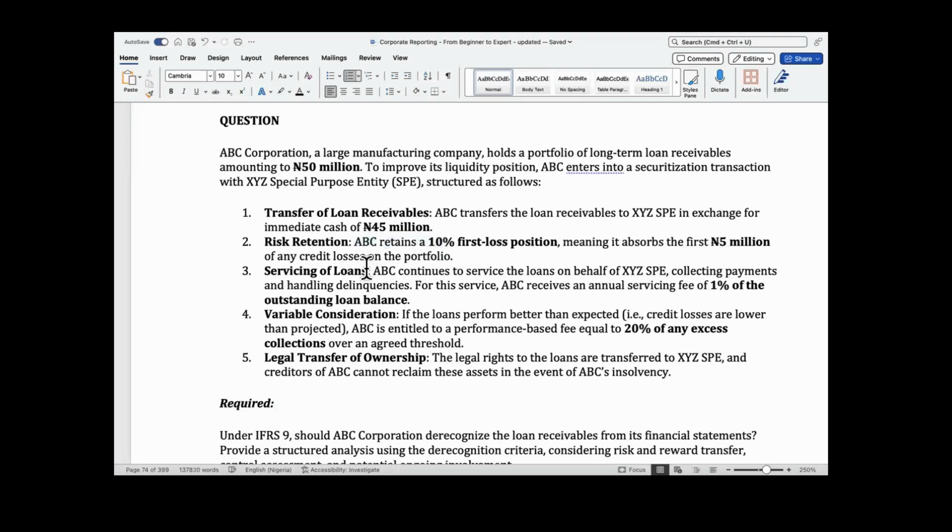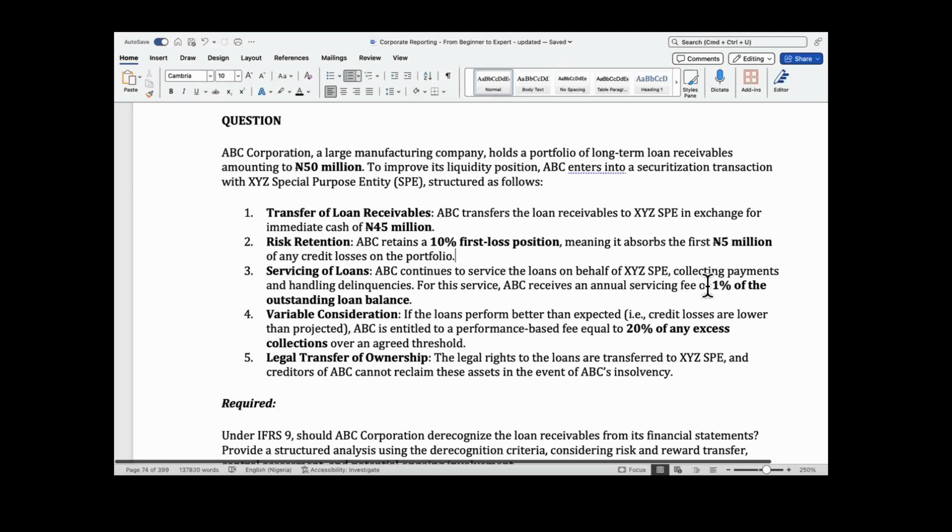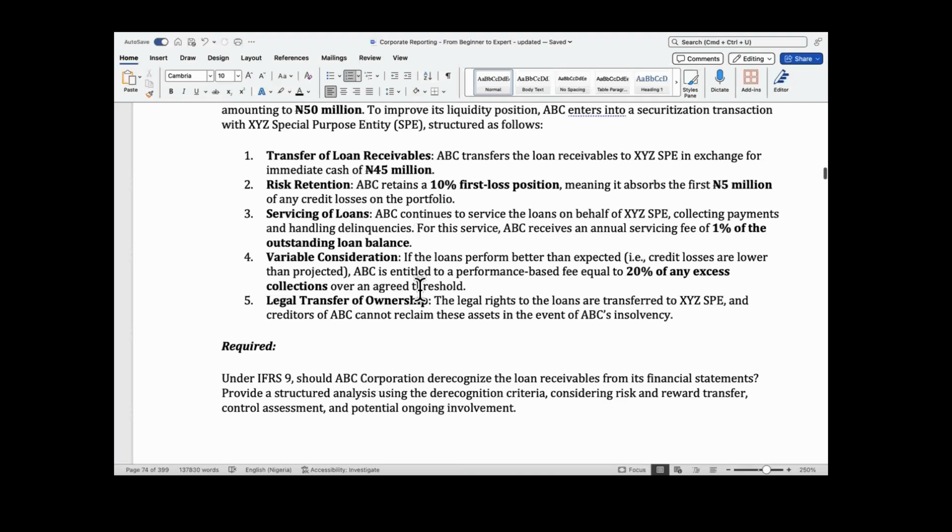Servicing loans. ABC continues to service the loans on behalf of SYZ special purpose entity, collecting payments and handling delinquencies. For this service, ABC receives an annual servicing fee of 1% of the outstanding loan balance.